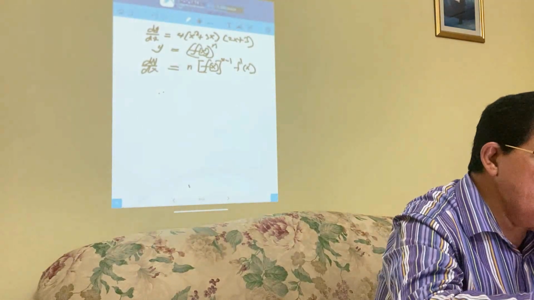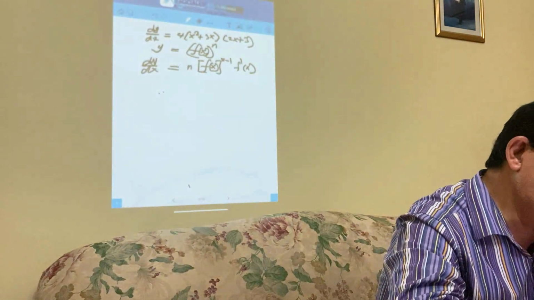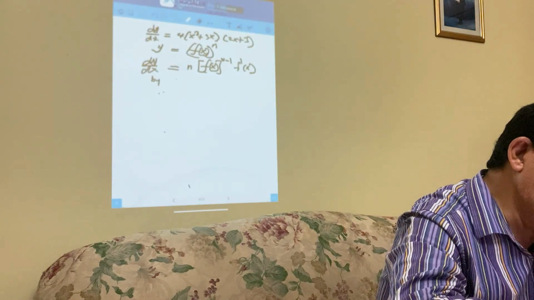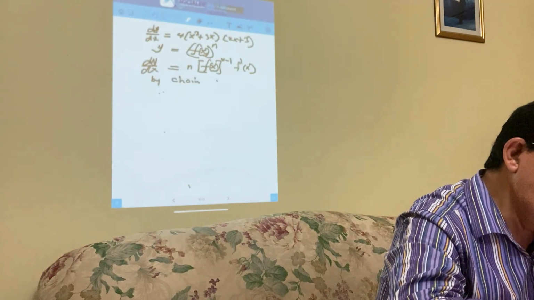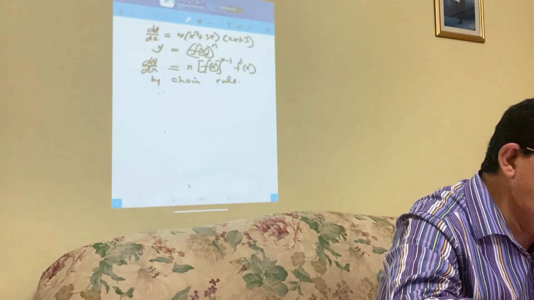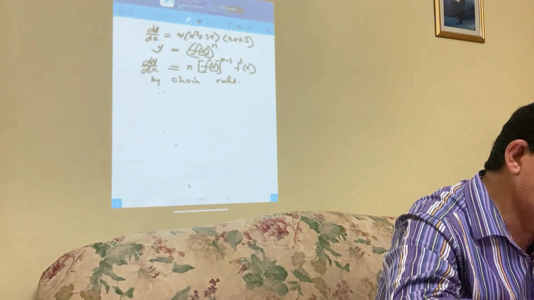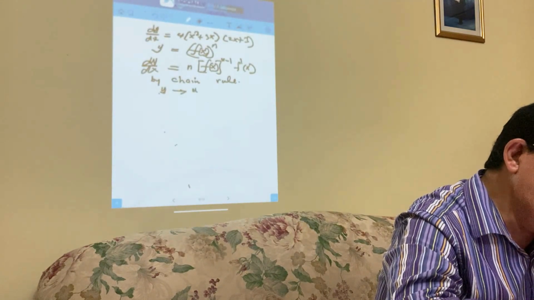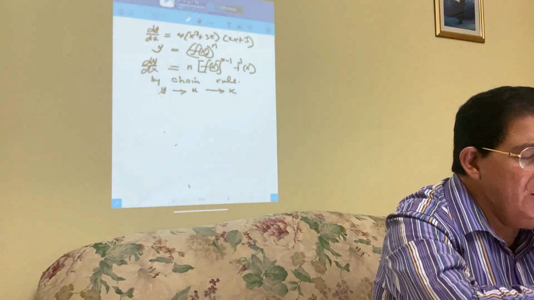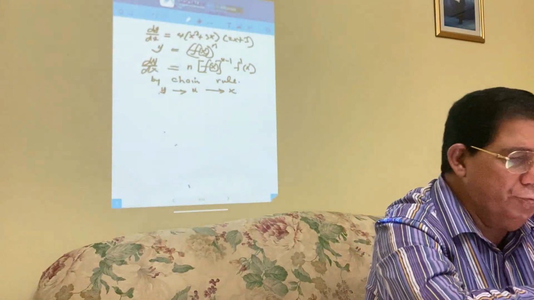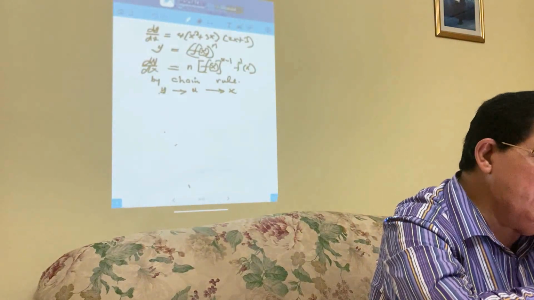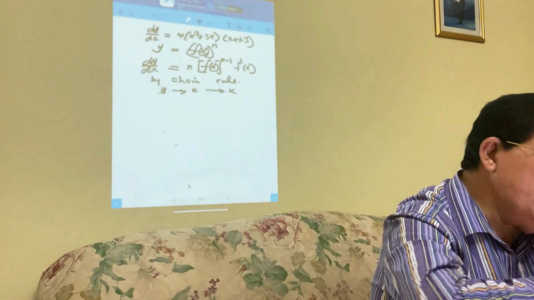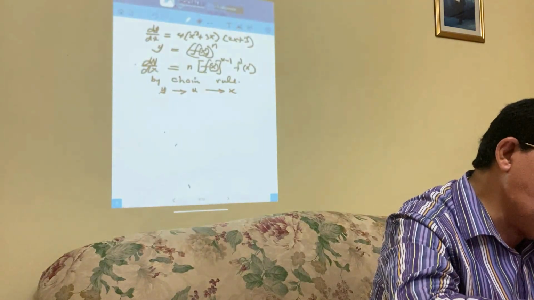And we say that this is done by the chain rule. We call it the chain rule because we have a chain: y in terms of u, and u in terms of x. Therefore we have a chain with u in the middle. We get dy by du, and then we multiply by du by dx, and we get dy by dx. This we can call rule number 1.